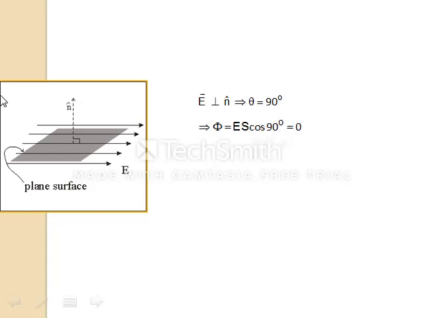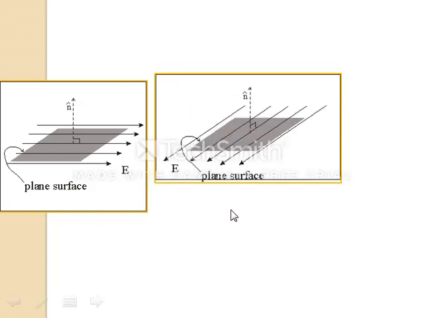So whenever the field lines are running parallel to the surface, we get flux as 0. Let's see some other examples where we'll have the same thing. Just see this surface. Here also the field lines are running parallel to the surface. So here even the normal to the surface and field are perpendicular.